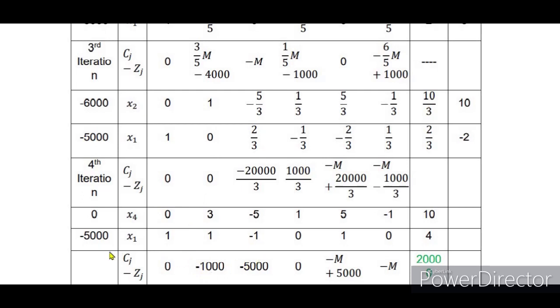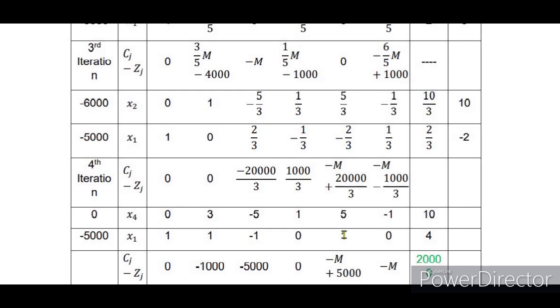Next, negative 5,000 times negative 1 is equal to positive 5,000. The numerical coefficient under x sub 3 is 0. So 0 minus 5,000 is equal to negative 5,000. Next, negative 5,000 times 0 is 0, so 0 minus 0 is 0.